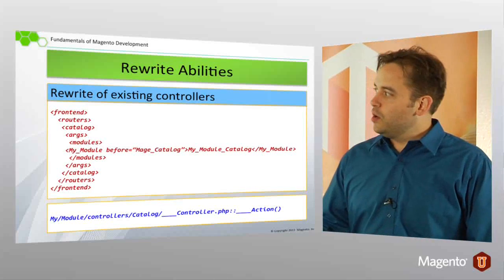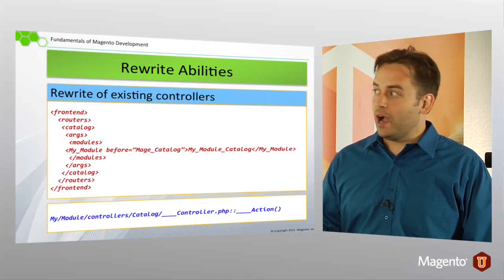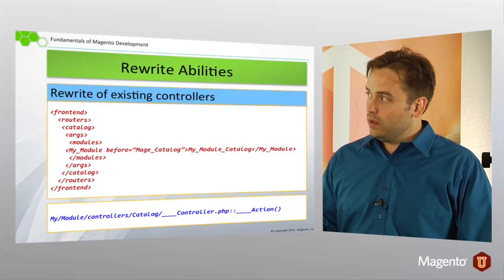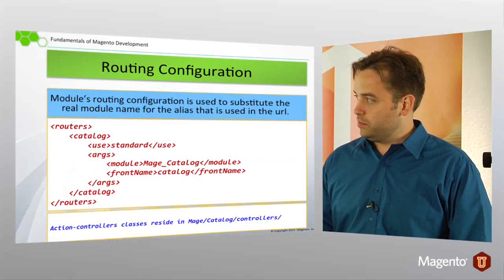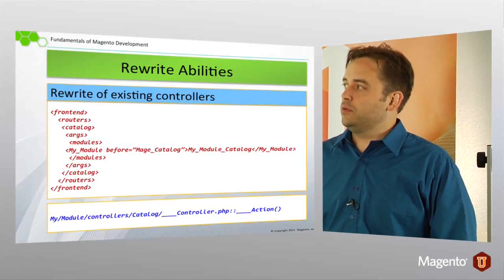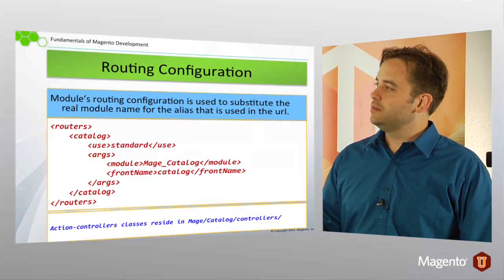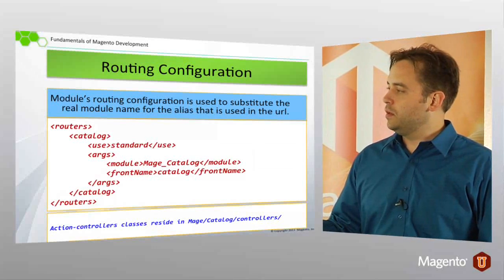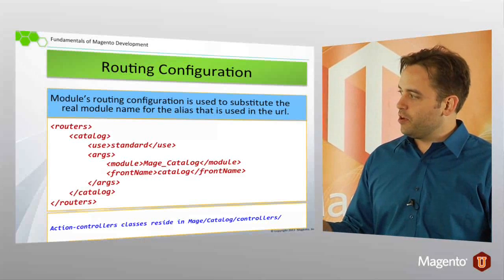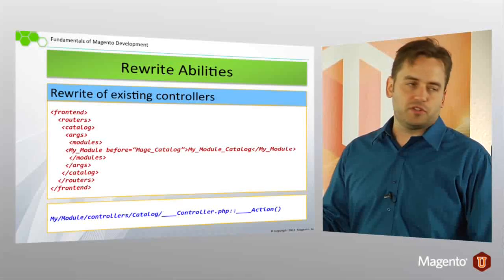This means that when we're trying to match a route, say catalog, we'll match that based on the front name here, and then based on this front name, we'll look for a modules node adjacent to that.